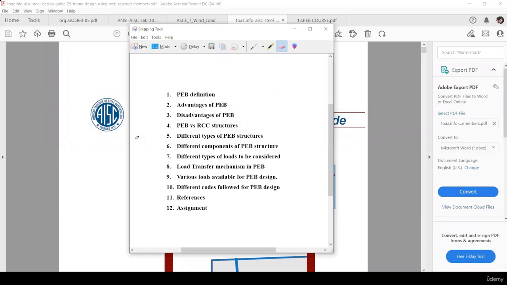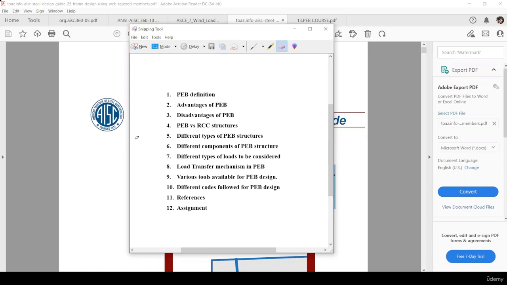We have compared some RCC structures with PEB structures, and we have seen much more advantages for PEB structure over RCC structures. But why are people going mostly for RCC structures and India becoming an RCC jungle? PEB structure is somewhat costlier than an RCC structure for the same area. That's why most of the people choose RCC structure here.